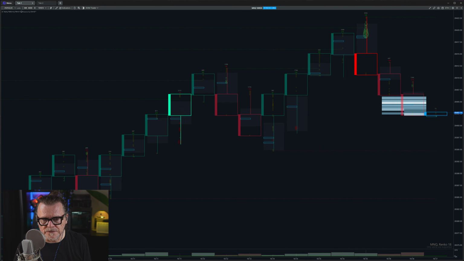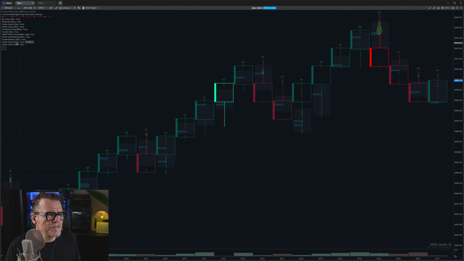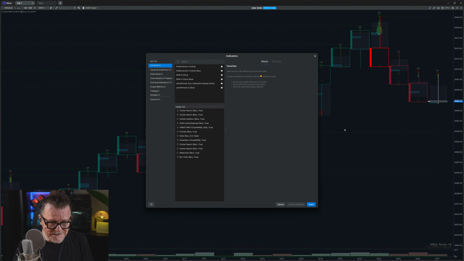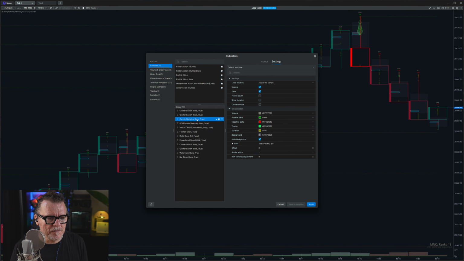NASDAQ is basically the only instrument that has higher volume on the micro contract, because obviously when you trade, for example, S&P 500, then you analyze S&P 500, but with NASDAQ you get higher volumes per candle at the micro contract. That's interesting, but that's it. So I stuck to micro.